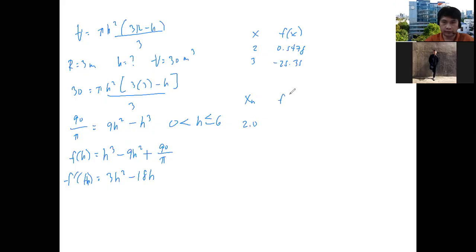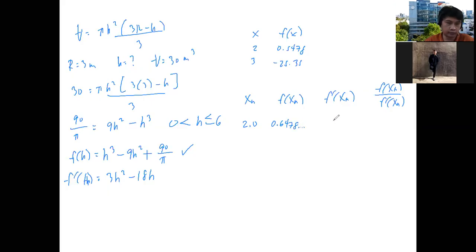So we can label itong f of x. So of course, f of x of n can be obtained by substituting this 2 to this f of h, no?